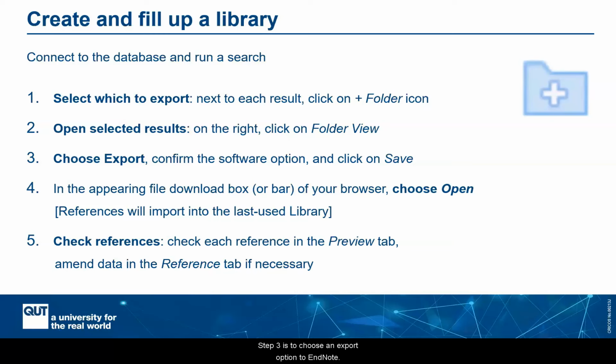Step three is to choose an export option to EndNote. Occasionally you have to select which software. So in this case, we're doing EndNote, but other people may be using Mendeley or another software. So you just have to make sure that it's correctly selected. In EBSCOhost, it already is. So at that point, you'll just need to click on Save to confirm it.